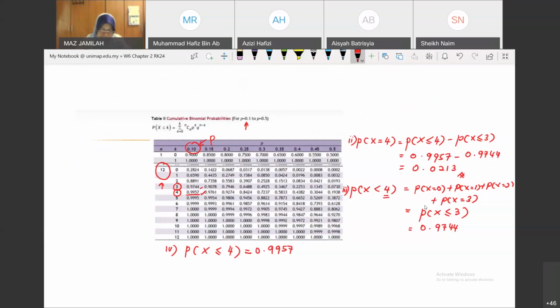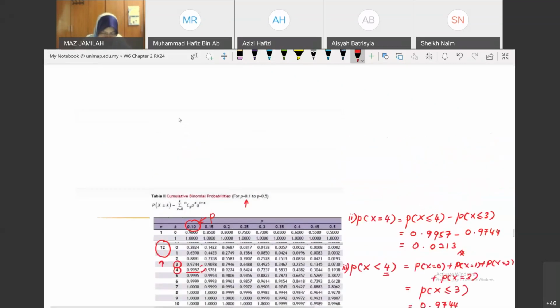Okay, P(X = 0) plus P(X = 1) and so on. How many terms do you have? 1, 2, 3, 4, 5 terms. You are using your binomial table, you can directly get the answer.